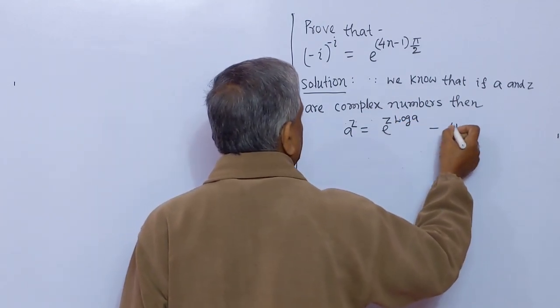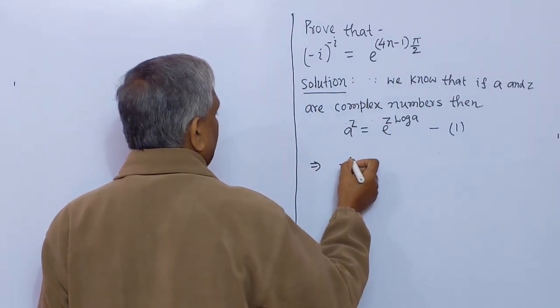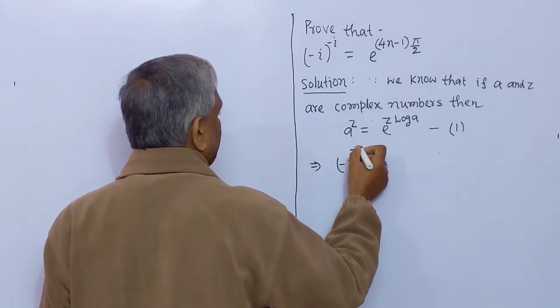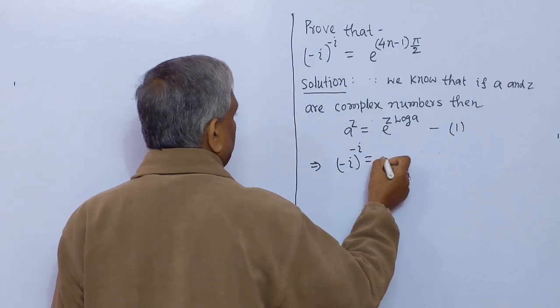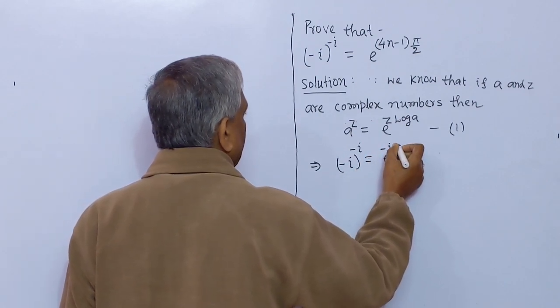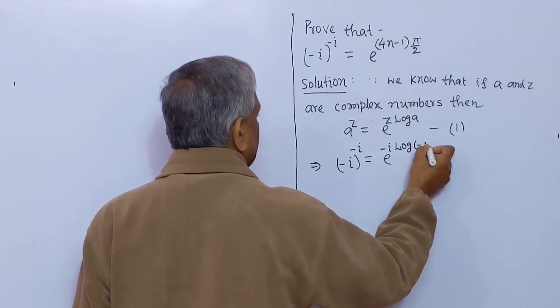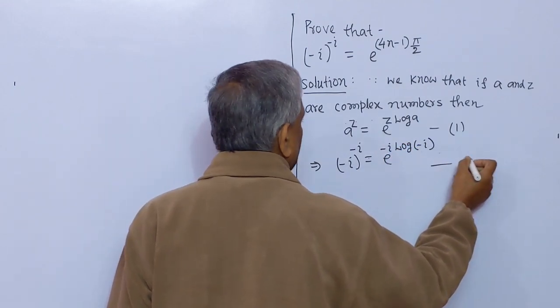This is number 1. Implies that (-i)^(-i) = e^(-i Log(-i)). This is number 2.